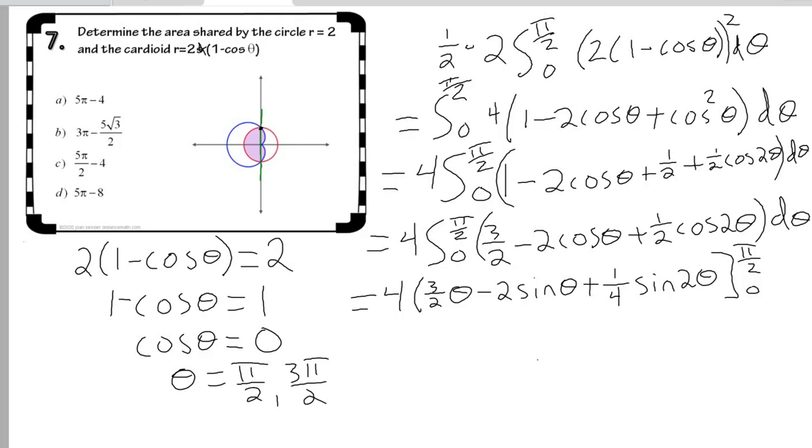So then we're plugging in. My first one is just going to be pi over 2, which is why our answers end up with pi. Then minus sine of pi over 2. Oh, wait, sine of pi over 2 is 1.